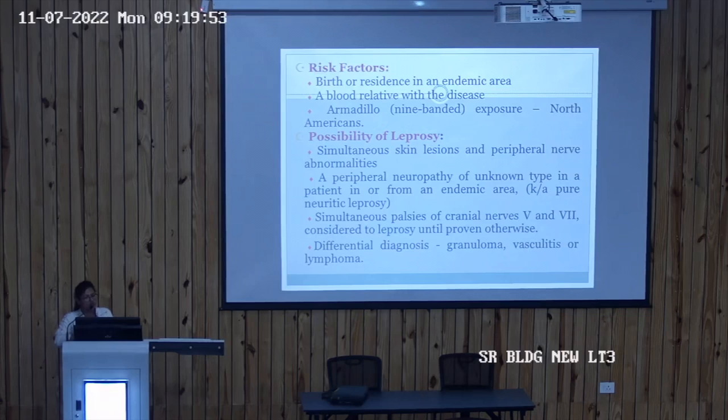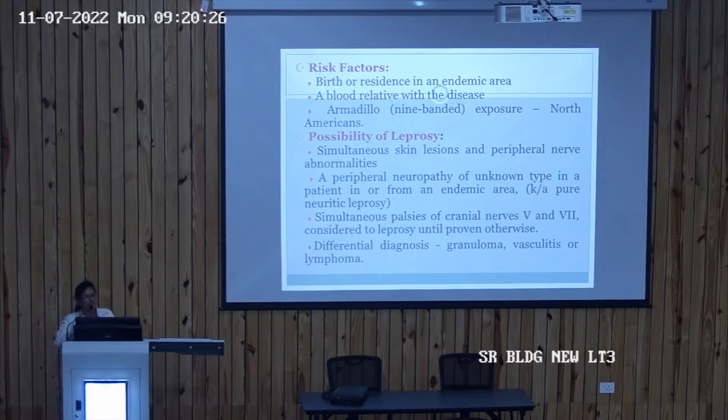So what is the possibility? There is simultaneous involvement of skin lesions and peripheral nerve thickening, some abnormalities. If peripheral neuropathy of unknown type is seen in a patient in an endemic area, where the person presents only with peripheral neuropathy, that is called pure neuritic leprosy.